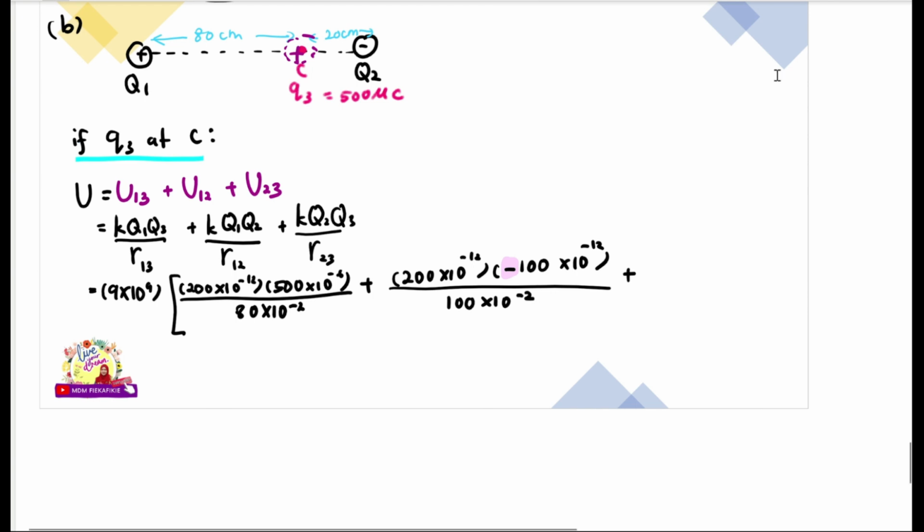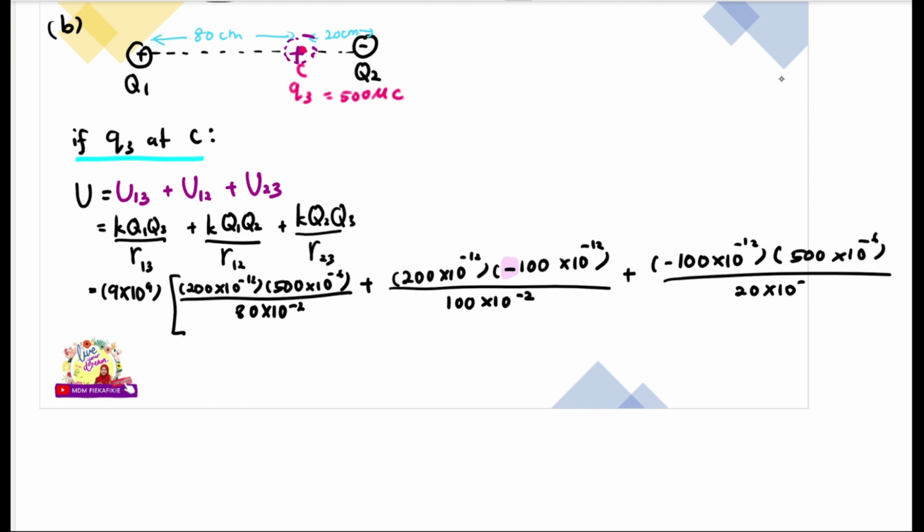Divided by the distance between charge 1 and charge 2, which is 100 cm. And add also Q2, negative again, 100 picocoulomb. Q2 and Q3 is 500 microcoulomb over the distance between 2 and 3, 20 centimeter.